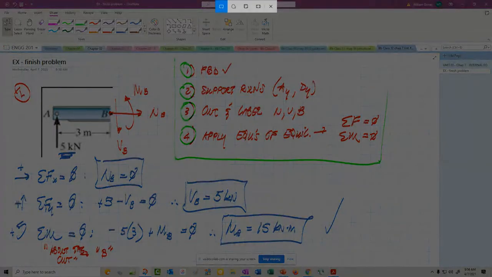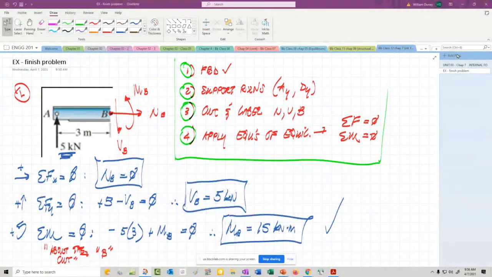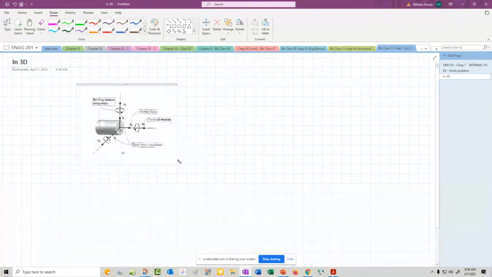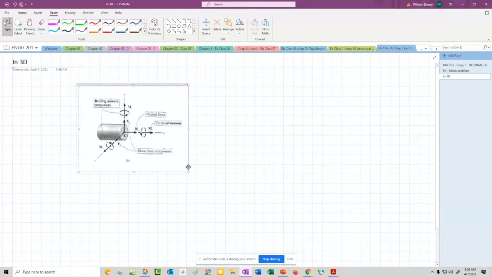Now, just so we're aware, this is in 2 dimensions, but this could be done in 3 dimensions. We're not going to do one of those problems right now, but we could. We have the cut face.